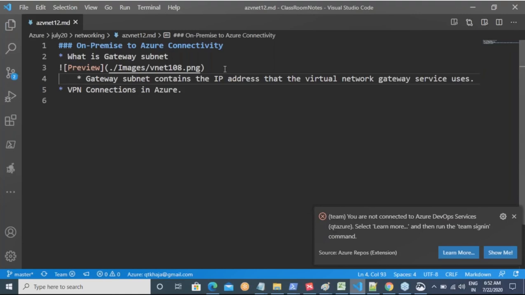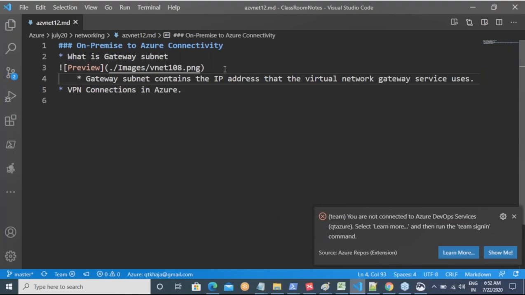Am I clear on this? Virtual network gateway services uses. Right? So basically, what is this virtual network gateway? Okay, that would be our next question. So we'll go question by question.